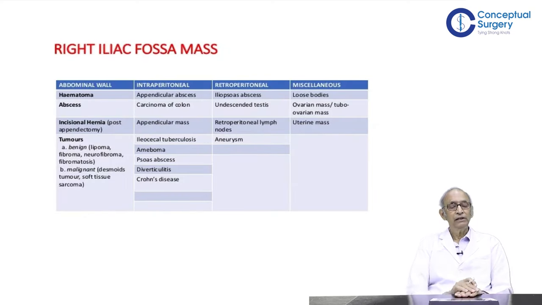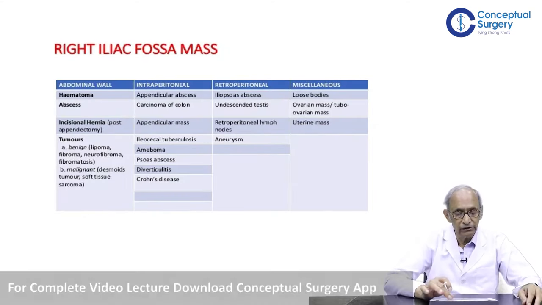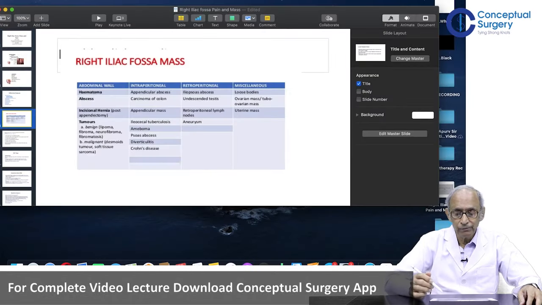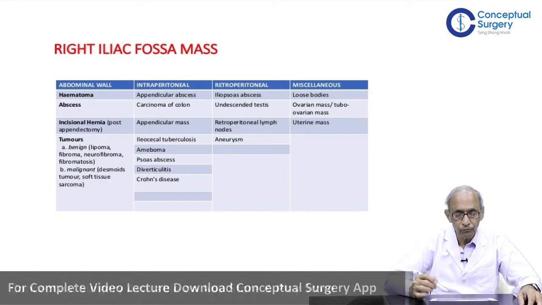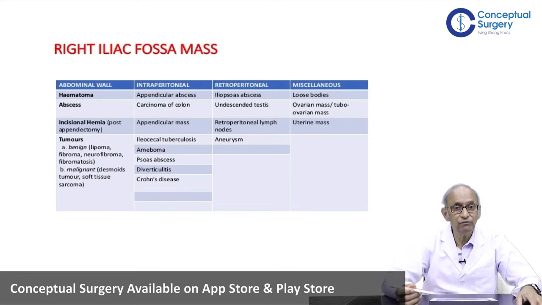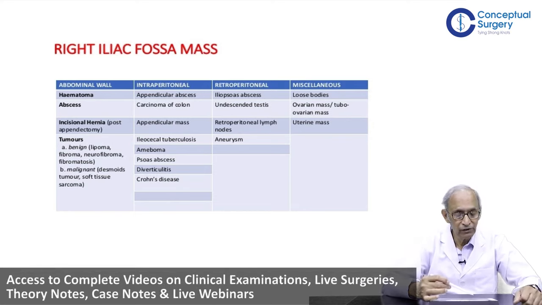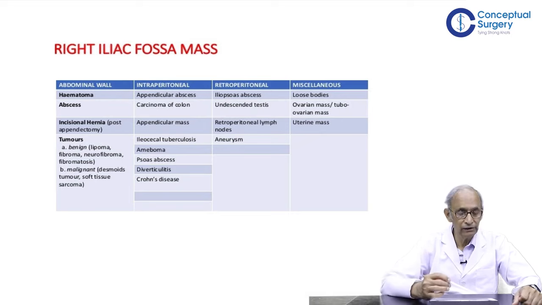Same thing, you could look at it in a different way. Look at this, for example. This is a list which I have divided in a different way. As I told you, in relation to the structures which are normally present there, the visceral structures, you have structures in front, structures behind, and of course some miscellaneous. So now I divided it like that, and from the abdominal wall itself, you can have various pathologies like hematomas, abscesses.